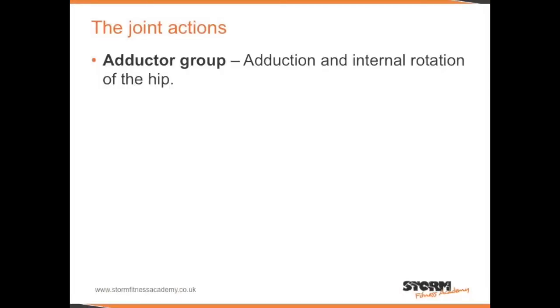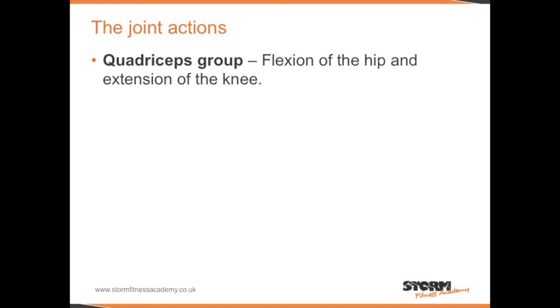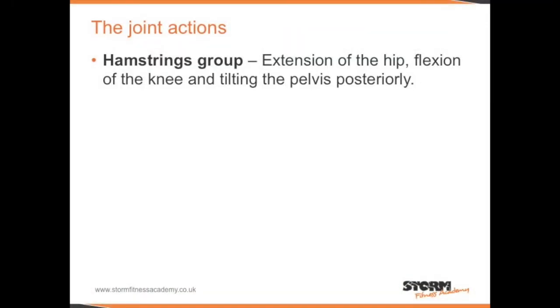The adductor group is responsible for adduction and internal rotation of the hip. The quadriceps group is responsible for flexion of the hip and extension of the knee. The hamstrings group is responsible for extension of the hip, flexion of the knee, and tilting the pelvis posteriorly.